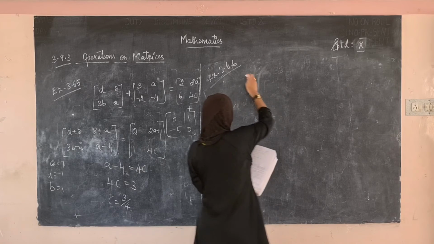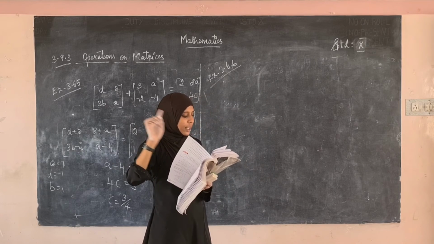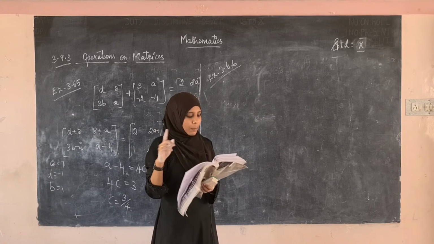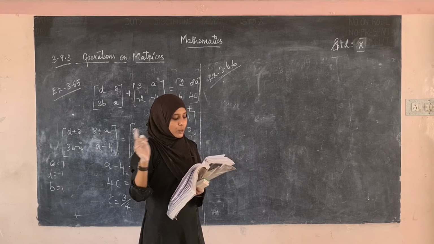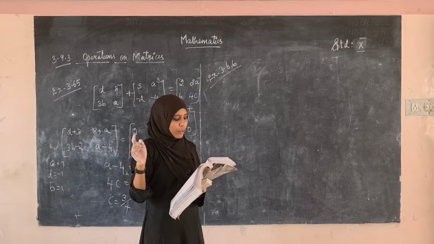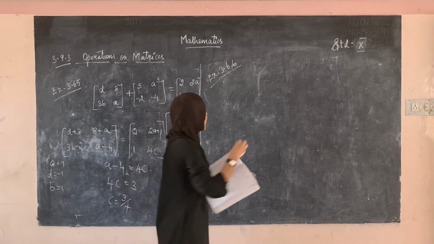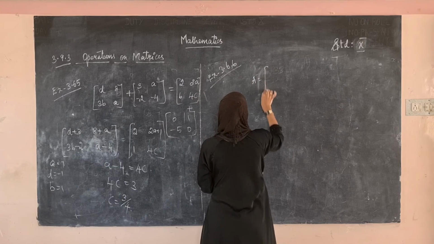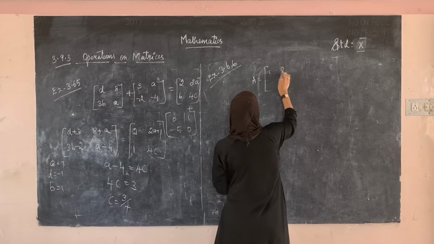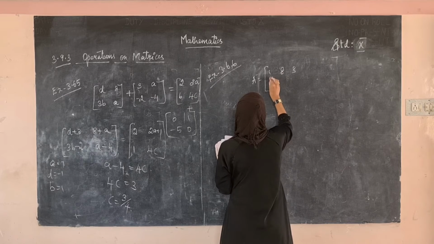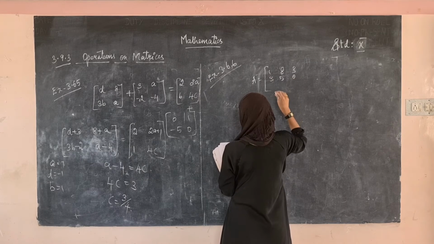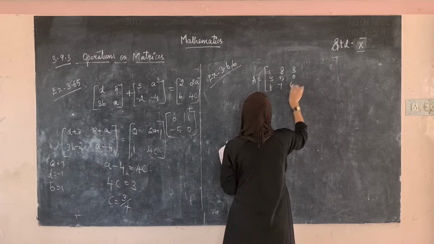A they have, let us take in your book, A is equal to 1, 8, 3, 3, 5, 0, 8, 7, 6 and B matrix is 8, minus 6, minus 4, 2, 11, minus 3, 0, 1, 5. C's value is 5, 3, 0, minus 1, minus 7, 2, 1, 4, 3. I will write here, okay. A is equal to 1, 8, 3, 3, 5, 0, 8, 7, 6.